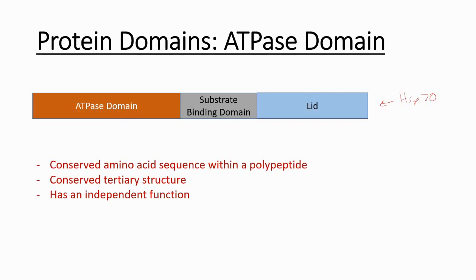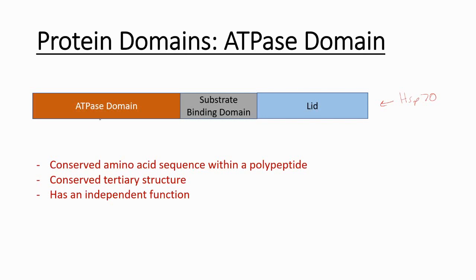The ATPase domain is a conserved amino acid sequence. So ATPase domains in different proteins will have a similar amino acid sequence. Because it has a similar amino acid sequence, it has a conserved tertiary structure. Each domain will have an independent function.